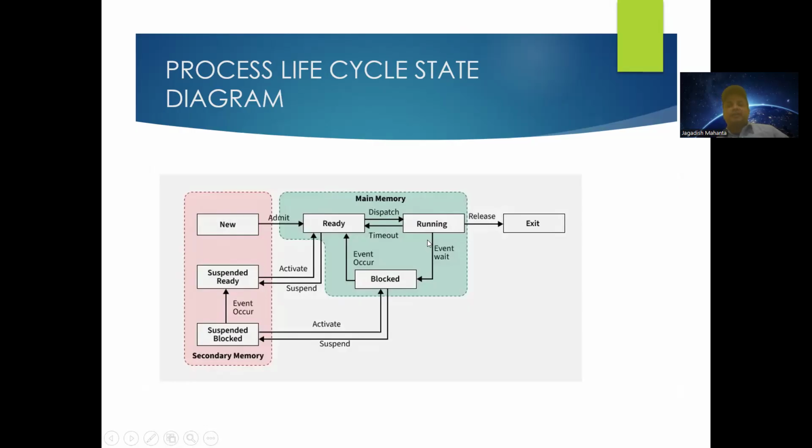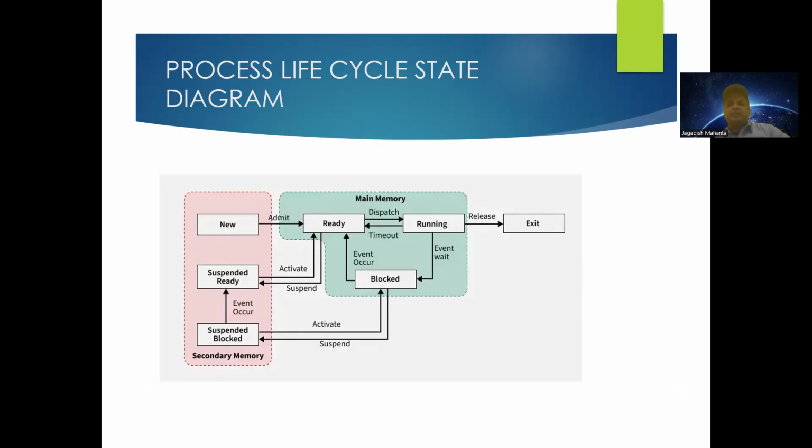Next, students, we are going to discuss another two states, the running state and the block state. Let's say one process is being executed by the CPU in the running state, but the process needs some input or output. The process needs some input, so it will be time consuming.